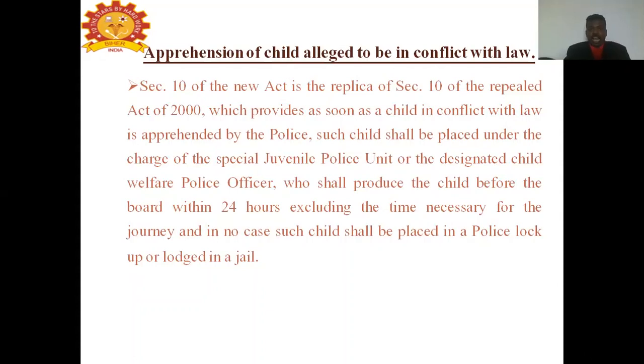It provides that as soon as a child in conflict with law is apprehended by the police, such child shall be placed under the charge of the special juvenile police unit or the designated child welfare police officer, who shall produce the child before the board within 24 hours, excluding the time necessary for the journey, and in no case shall a child be placed in a police lockup or lodged in jail.